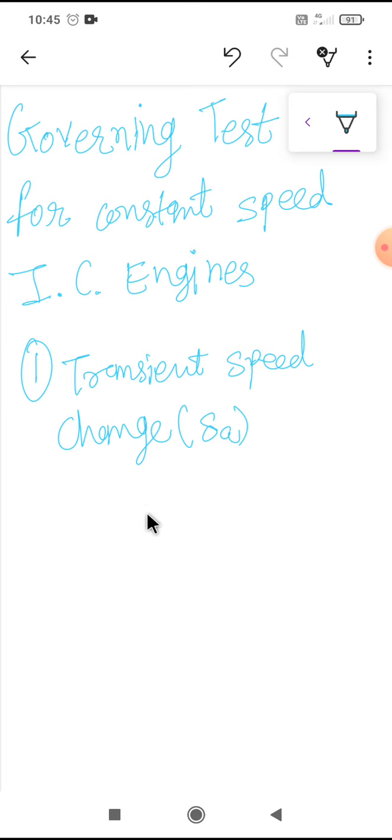So delta A is equal to the maximum deviation of speed after a sudden load change from the speed at steady level.